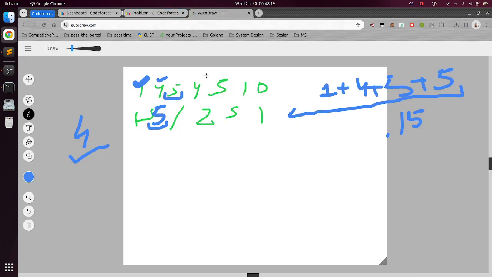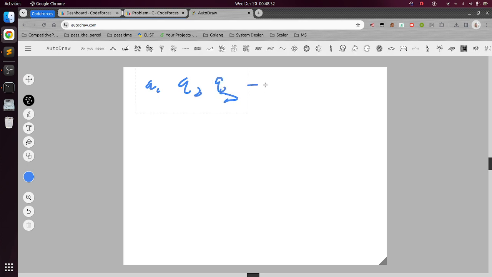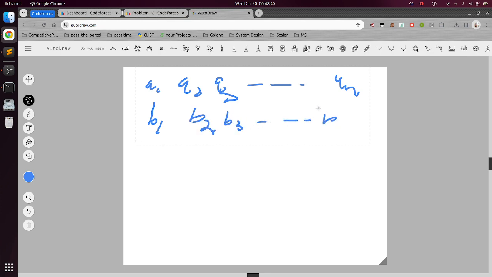Now we can simulate this once and for all. Say you have A1, A2, A3 till AN, and sorry for the bad handwriting, I don't have any equipment right now to draw it neatly, and this is your array.